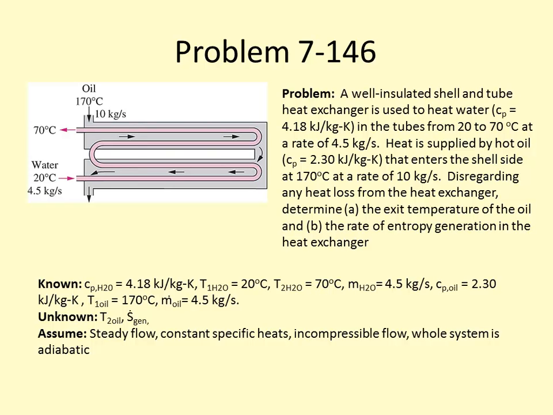Or Q dot out is equal to the mass flow rate of the oil times the C sub P of the oil times T1 minus T2. So I flip the signs because of the negative here with Q out. So solving for T2 is equal to negative Q in of the water.